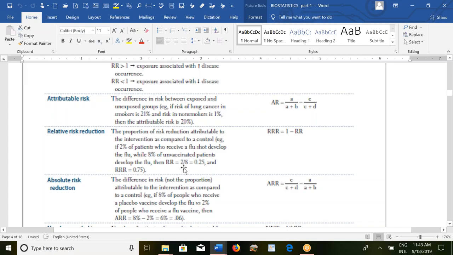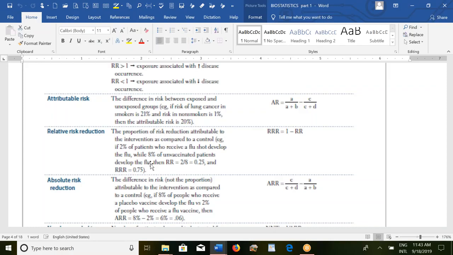That relative risk will be 0.25. And what will be the risk reduction after taking vaccination? 0.75. So you will say that if 100 patients get vaccination, 75% will not get flu, and only 1 in 4 are going to get the flu. That's how you will interpret the results of the study.